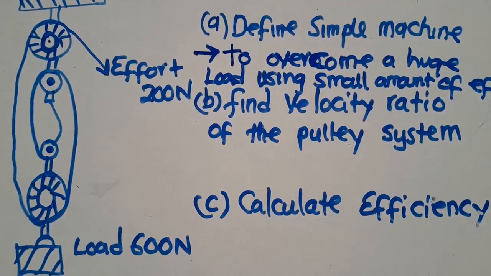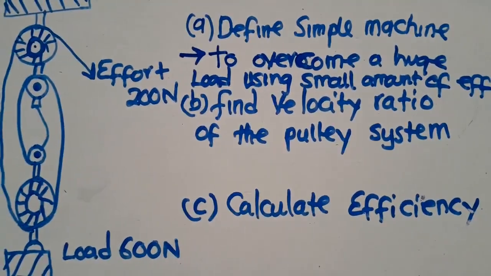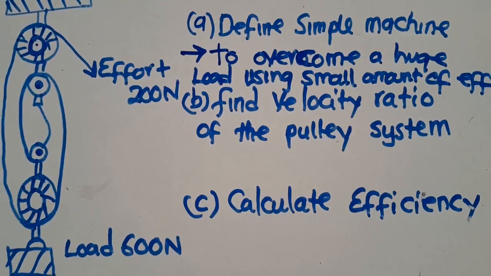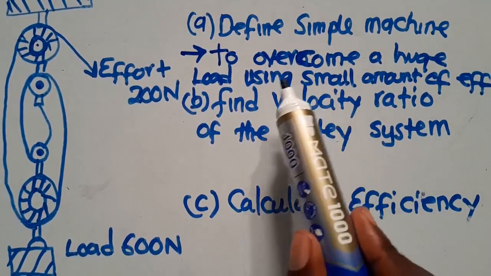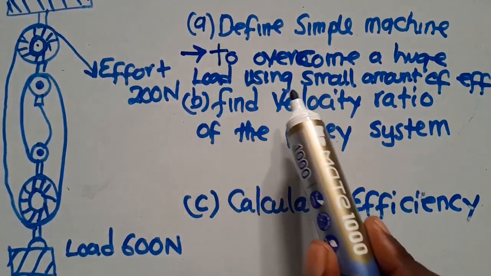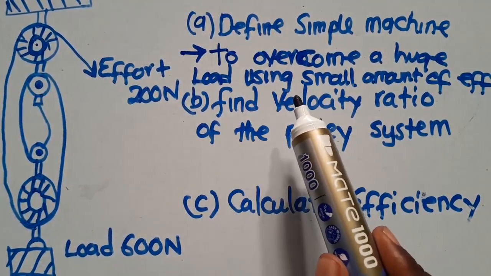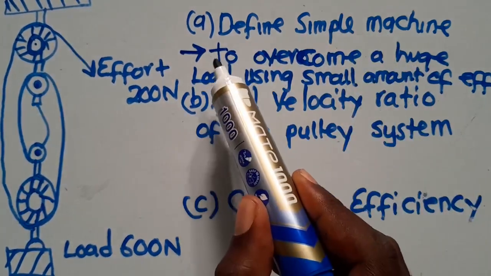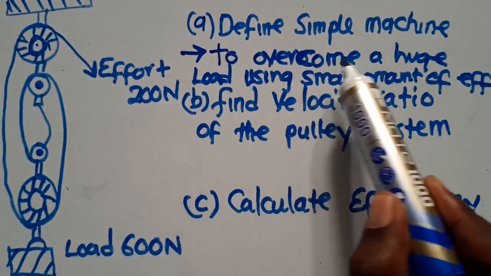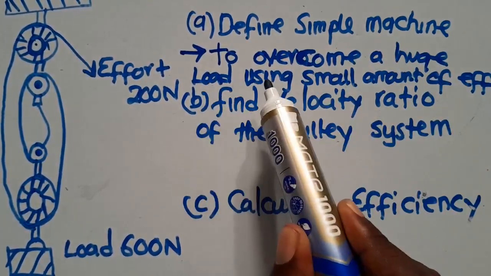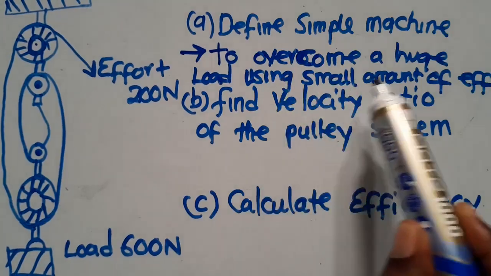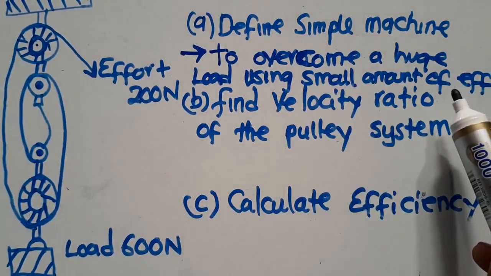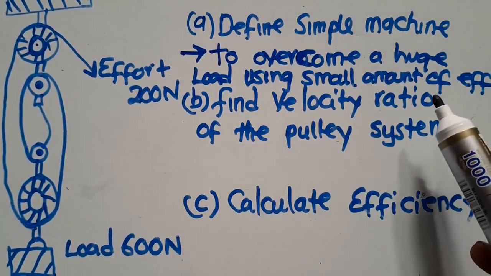Small amount of effort. This is what you need to know. Whenever you encounter such a question, that is the definition that you need to put. A simple machine is a device that is used to overcome a huge load by using small amount of effort. That's the definition of a simple machine.